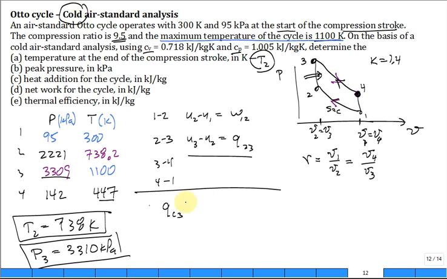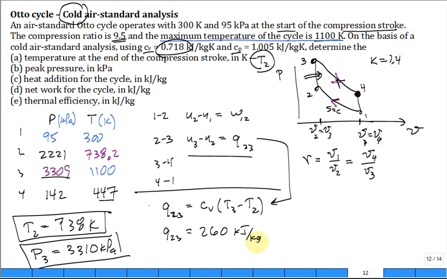So Q from 2 to 3 is equal to C sub V times T3 minus T2. Just taking that equation. True? And we have our temperatures, and there's our specific heat. And so we calculate Q2 to 3, and that's equal to 260 kilojoules per kilogram. That's the answer to part C.